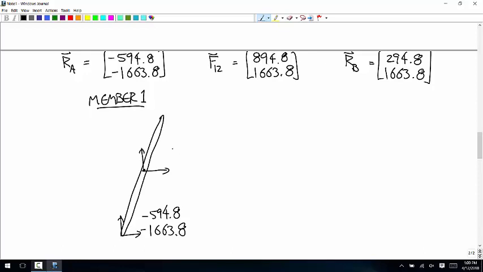Then at the middle, we have 894.8, 1663.8. And then up at the top, it's 300 newtons going to the left. I'm going to write that as a vector because of the way that we're going to change the coordinate system here. So this is negative 300, 0 as a force vector.